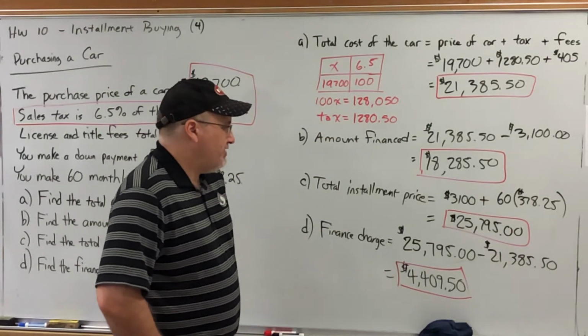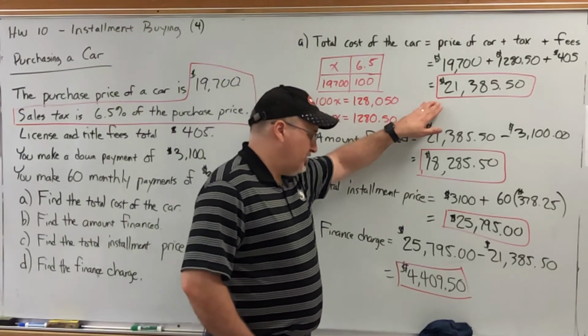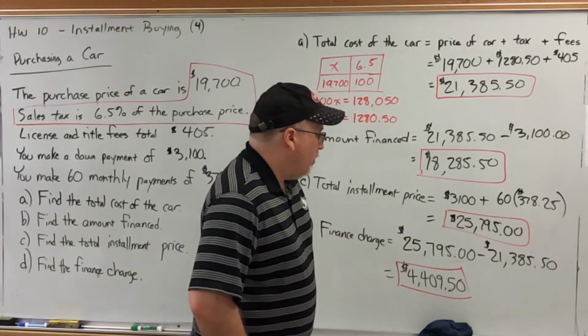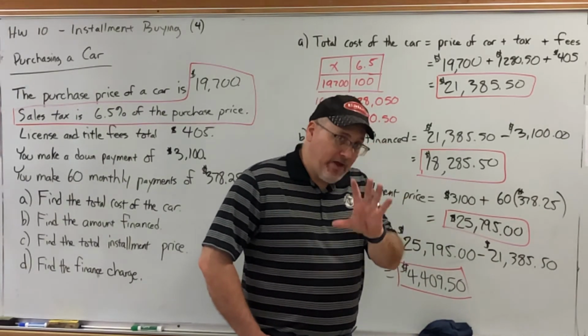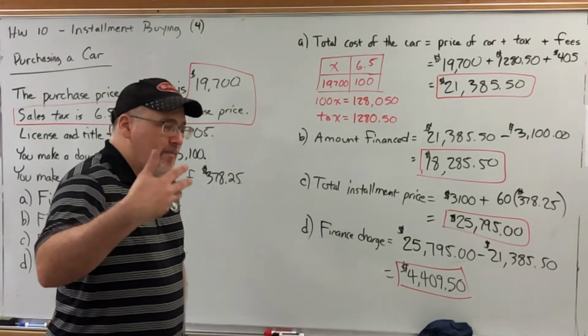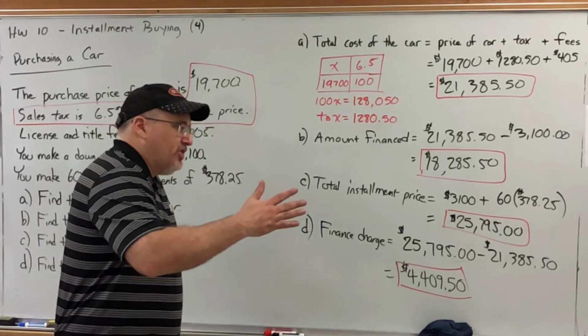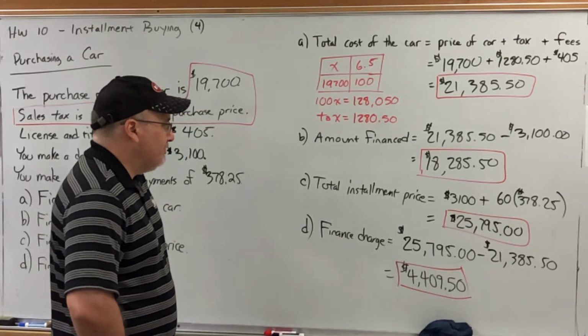Total installment price is everything that you paid, whether it's the cost plus the finance charge or the down payment plus all the payments. It's how much you pay in total. The finance charge is the extra amount that you pay above the cost of the item for the privilege of paying it out over time.